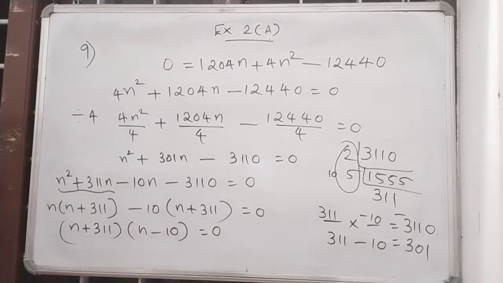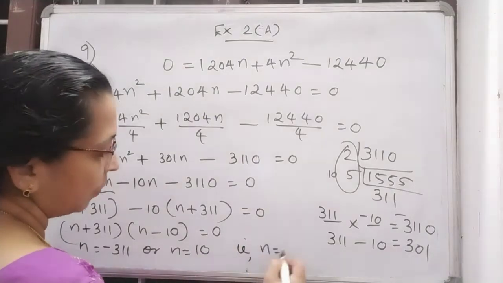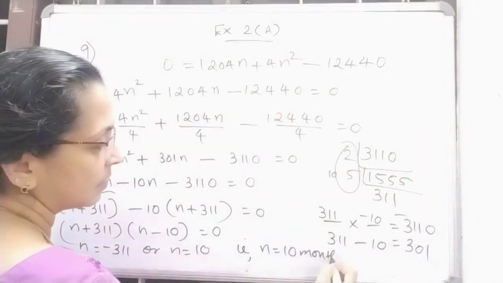So n is equal to negative 311 or n is equal to 10. Negative 311 is not possible since it is negative. So take n is equal to 10 months. That is the answer.